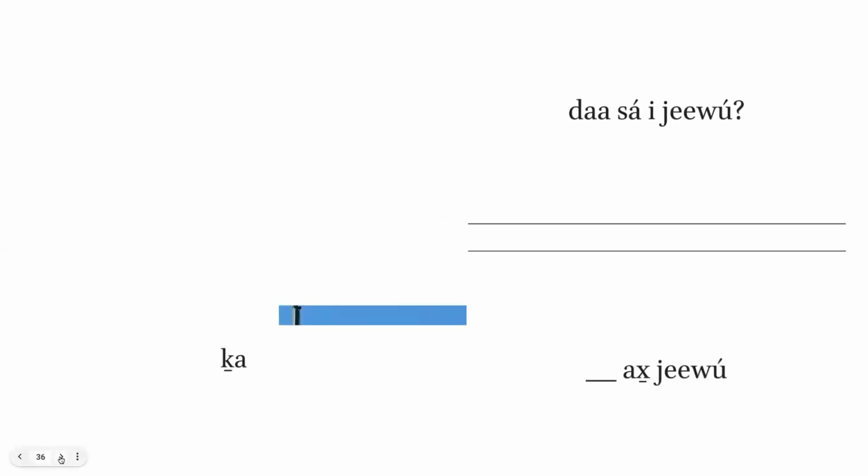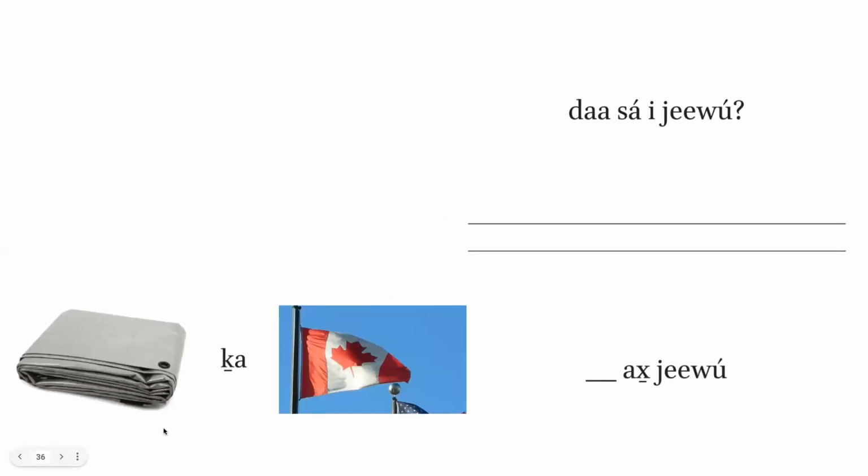Repeat after me the word for and. Ka. Dasa I jeewú. Khwasta ka an quayi ach jeewú. Yeah, you nailed it.